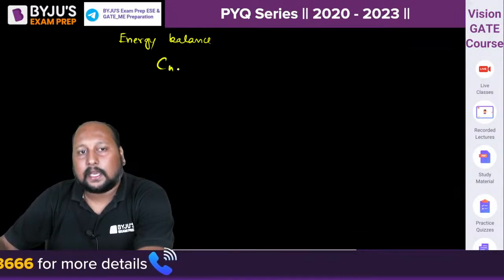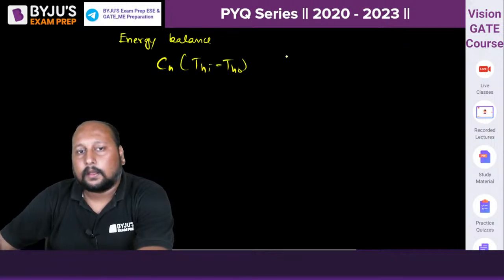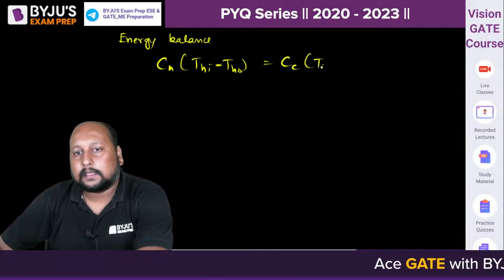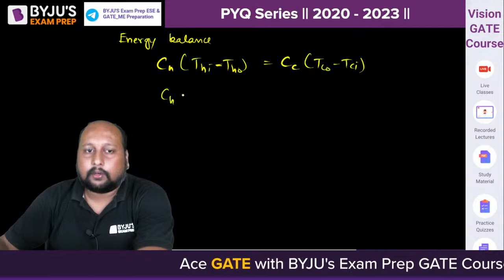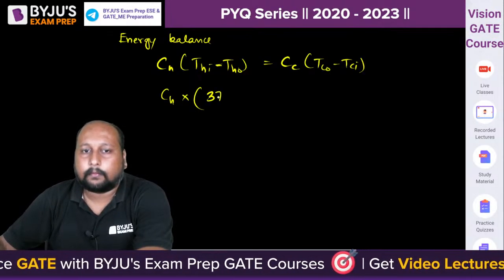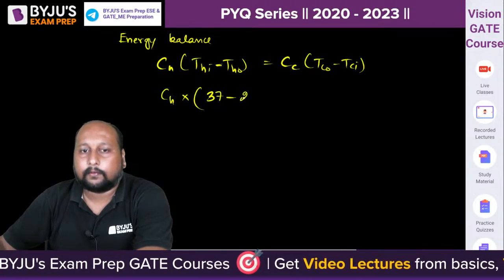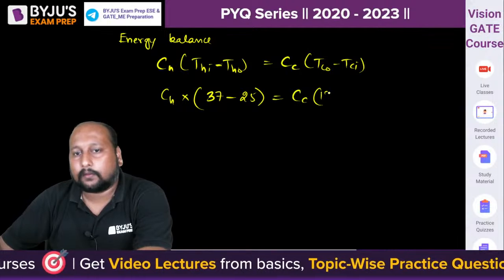So using energy balance, can we say CH into THI minus THO is equal to CC into TCO minus TCI, right? CH into 37 minus 25 is equal to CC into 18 minus 4.